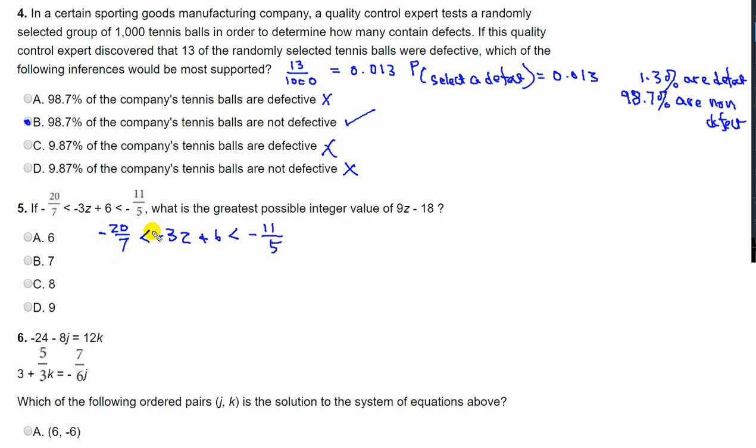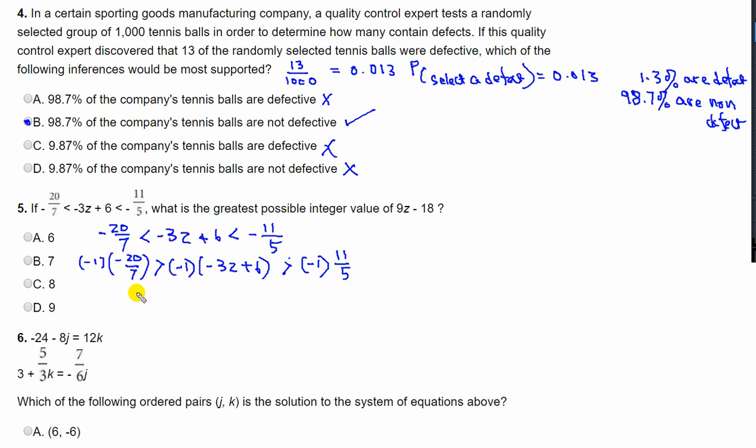Let's multiply a negative value across. If I multiply a negative 1 across minus 20 over 7, remember when you multiply a negative across, you have to change the direction of the inequality sign. So it's minus 1 times 3z plus 6, and minus 1 times 11 over 5.